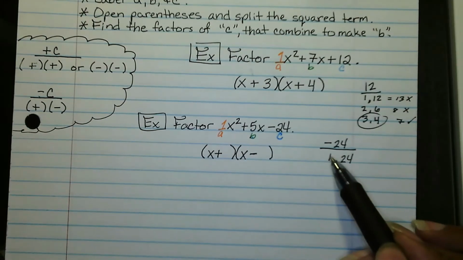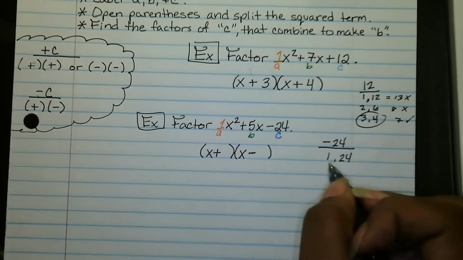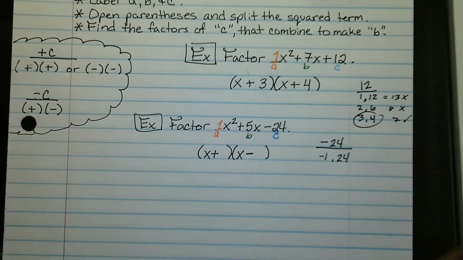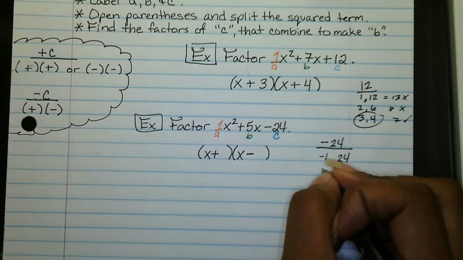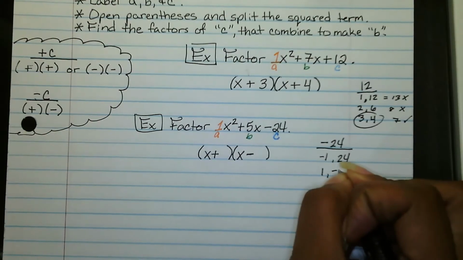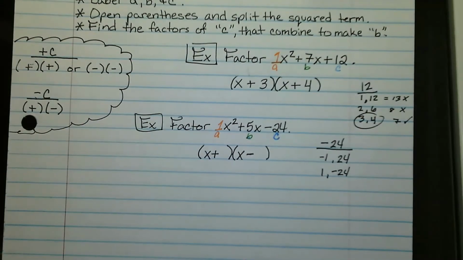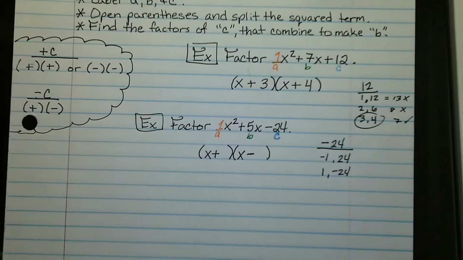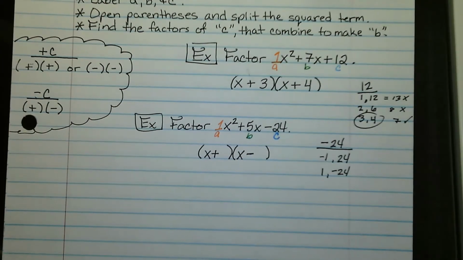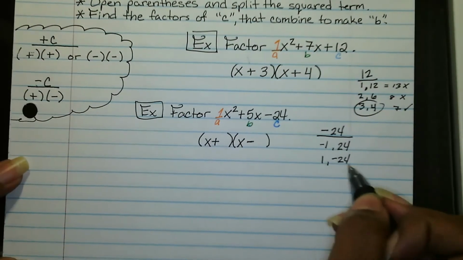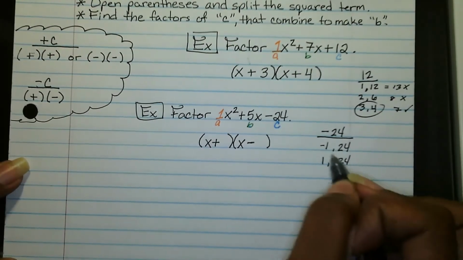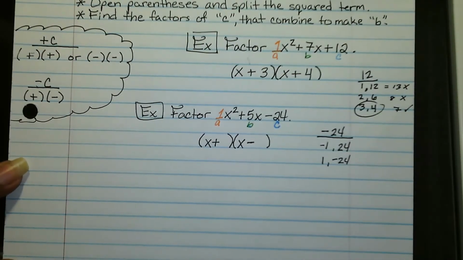So it's either going to be a negative 1, positive 24, or a positive 1 and a negative 24. Okay, and that's the same for all the factors of negative 24. So this is what I mean by this will also take care of the signs. Obviously, you see which number is negative and which number is positive.